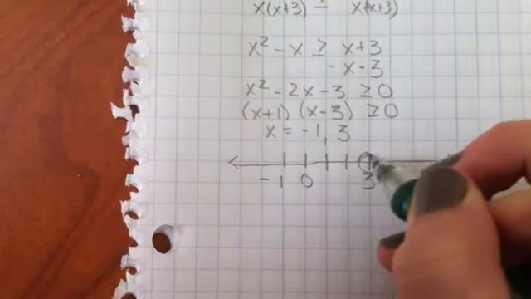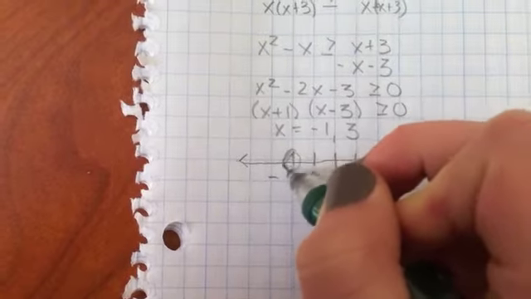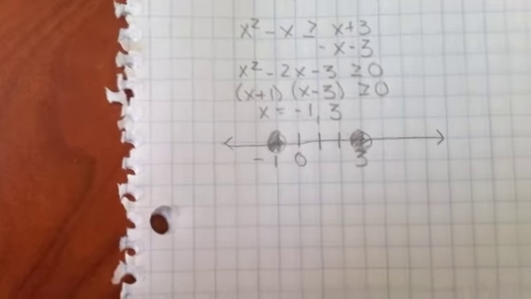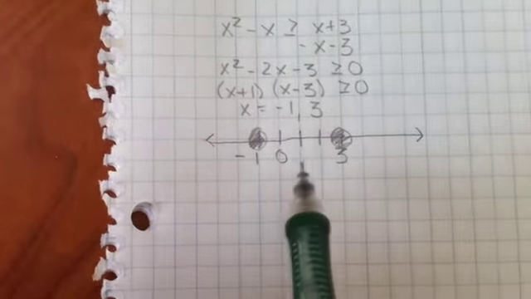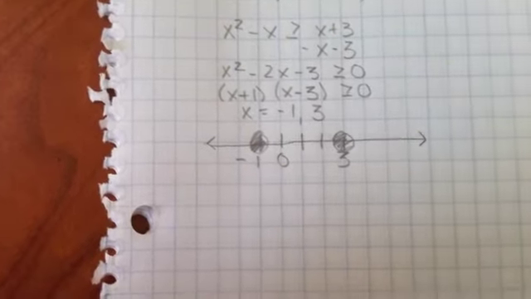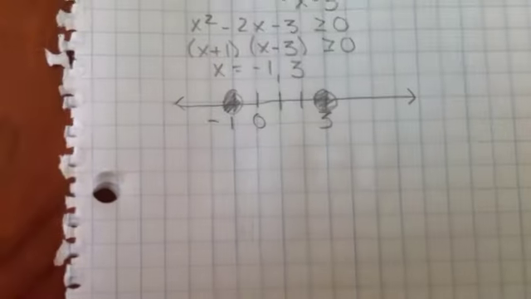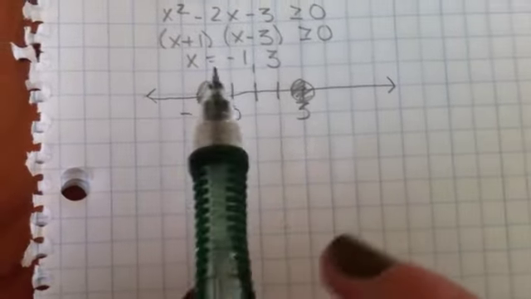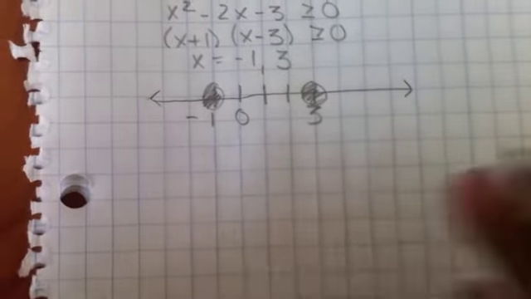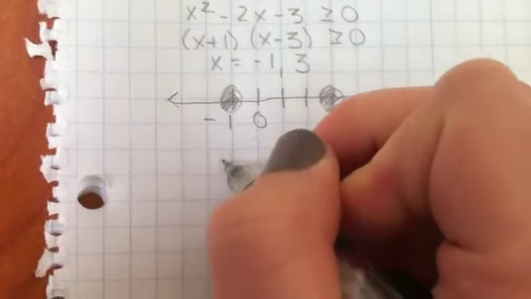And both of these are shaded in because it's greater than or equal to. And then you can choose a point here, but you can't choose 0 because that is stated in the domain as not being a viable x. You're using a number line, and for the intervals, you use a test point to make sure. So I'm going to use 2.